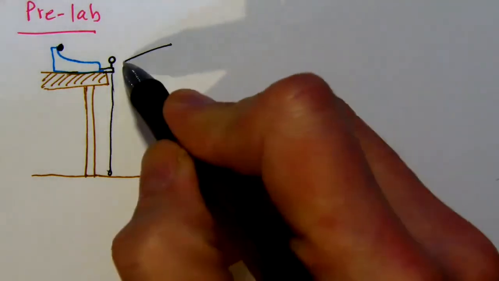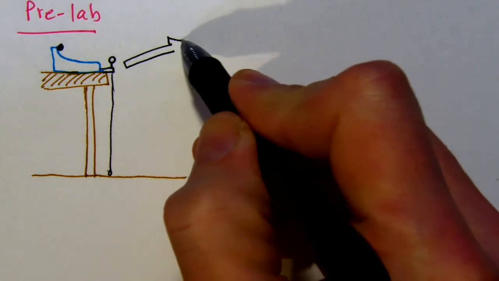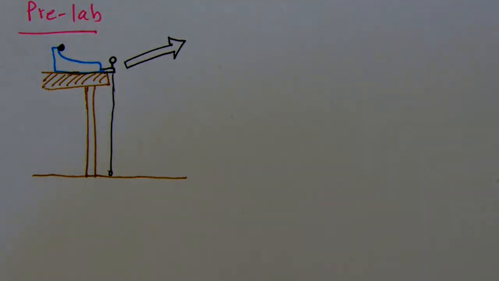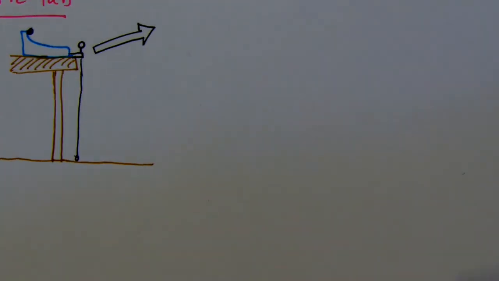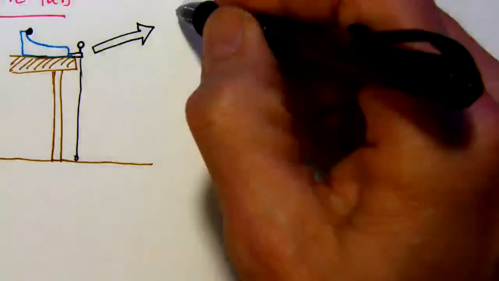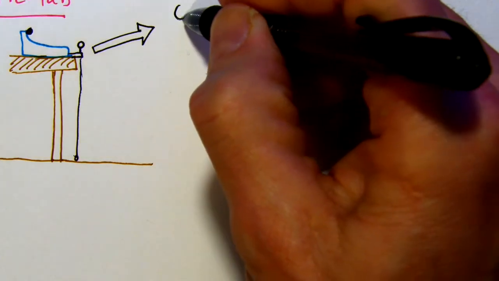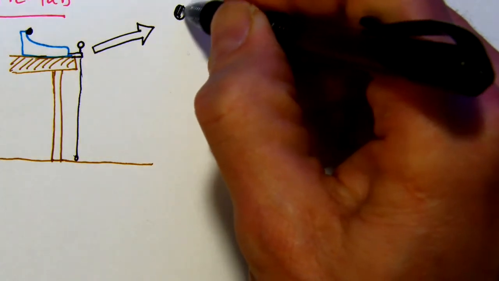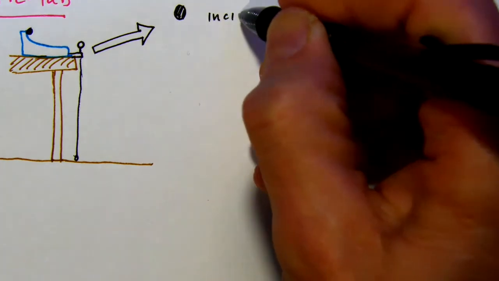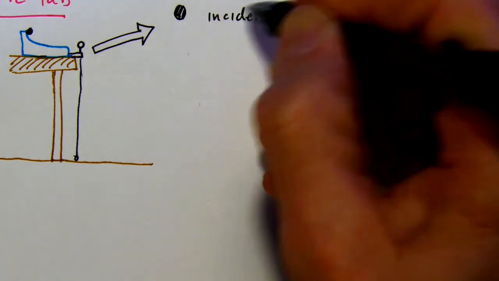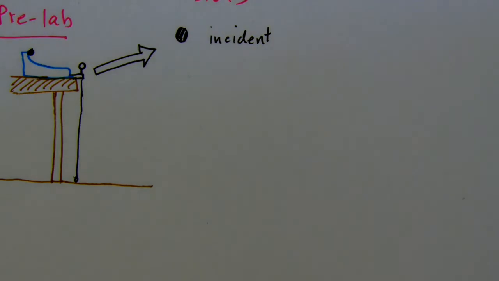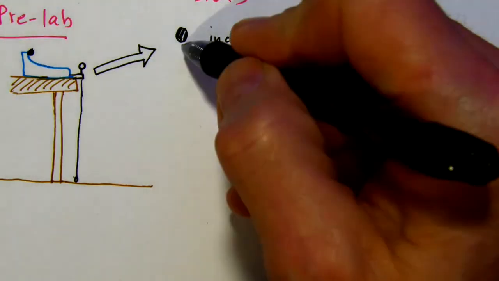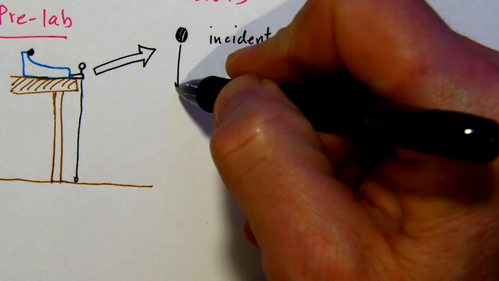Now what I want to do is show you what this actually looks like from above, because they are what we call offset. And what that means is that the incoming sphere, the incident sphere, is going on its straight path, so we can draw this like that.